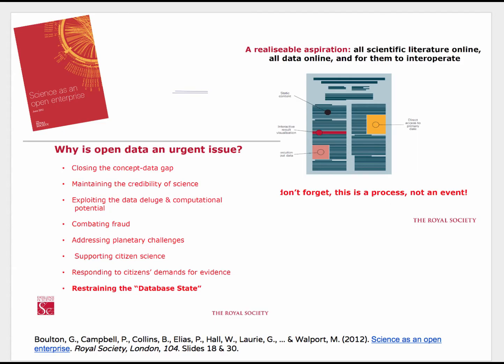In Science as an Open Enterprise, Bolton et al. describe open data as an urgent issue and a realizable aspiration, suggesting that open data will close the concept data gap, maintain the credibility of science, exploit the huge data deluge and computational potential, combat fraud, address planetary challenges, support citizen science, respond to citizens' demands for evidence, and restrain the database state.